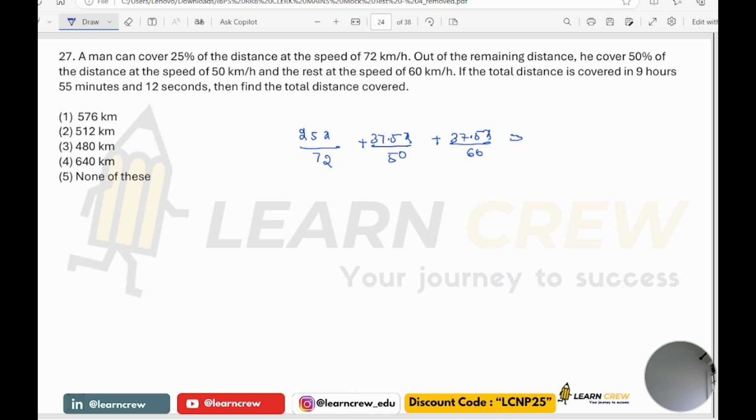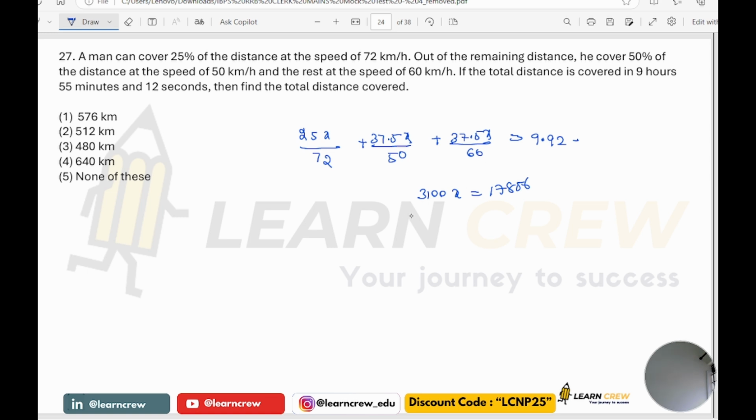The total time taken is 9 hours, 55 minutes, 12 seconds. It is nothing but 9.92 hours. So if we simplify this, how much am I going to get? 3100x is equal to 17856 on simplification. Okay, because here the LCM is 1800.